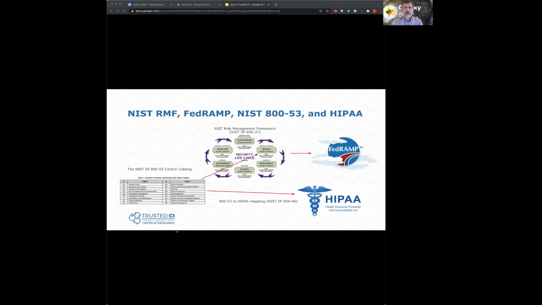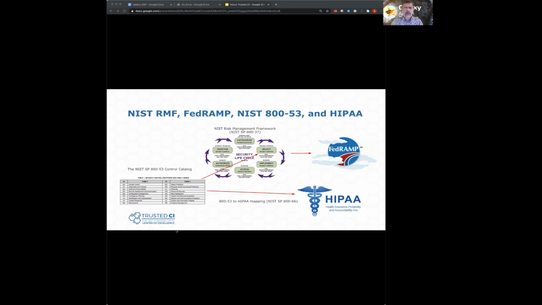You implement those controls, you assess those controls to make sure that they are doing what they're supposed to do. You have a process in place that you go through in order to get the system authorized for operation. You monitor that system as you go forward, and the cycle completes.